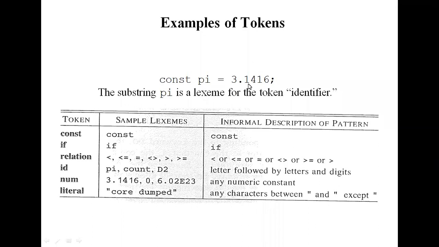And 3.1416 is a lexeme here. It comes under constant, numerical constant. So the name of the token for 3.1416 is number. And I briefly describe that it is any numeric constant.